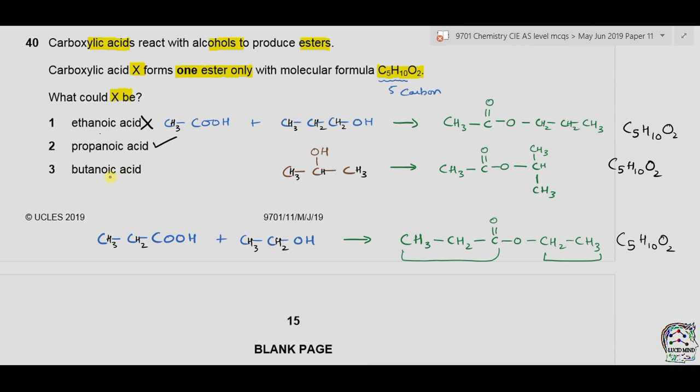Now moving towards butanoic acid. Again, butanoic acid is the one having 4 carbon atoms, and we would need a 1-carbon alcohol in order to form the ester. There is just one way in which the alcohol could be drawn, so only one ester product is formed.